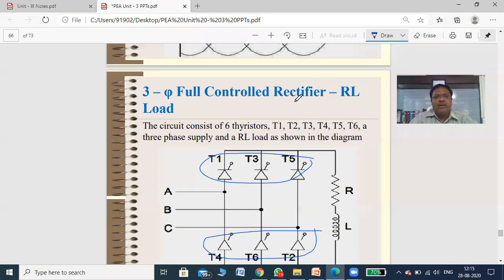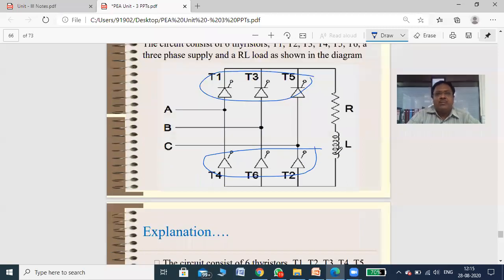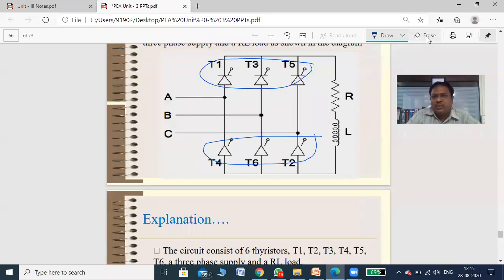So this is the three-phase fully controlled converter for RL load. Actually, it is directly given for RL load, but you can explain for R load only. For a short time, you can consider that the load L is absent.